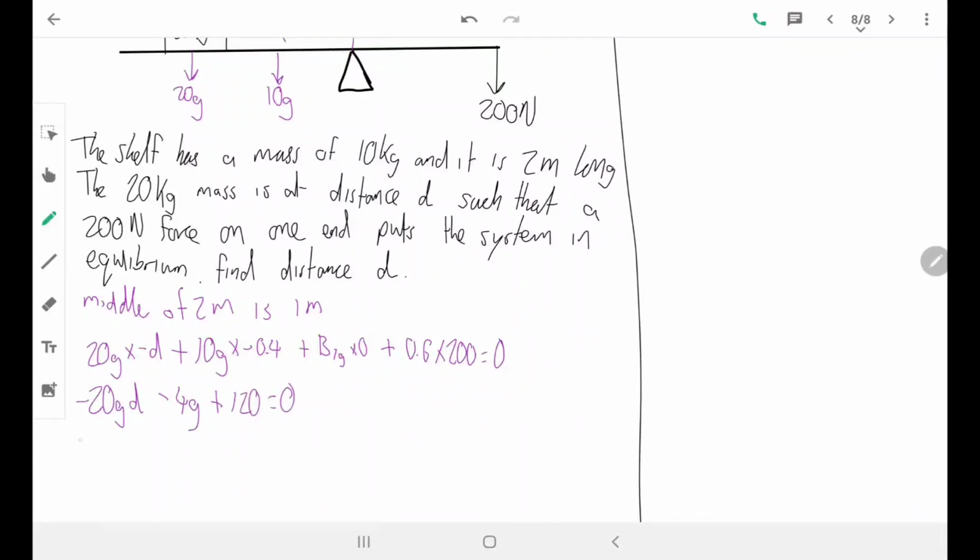Now, I'm going to actually convert all these into numbers because may as well. So we have 20 times 9.81.